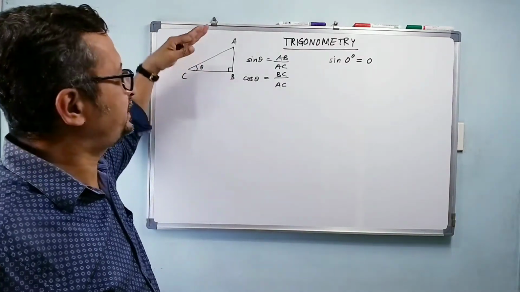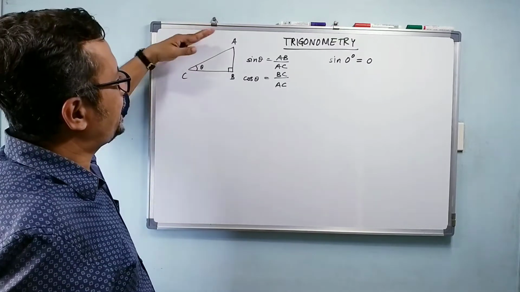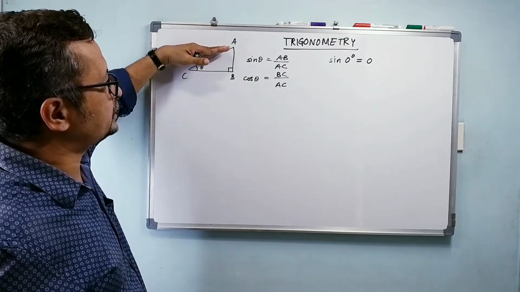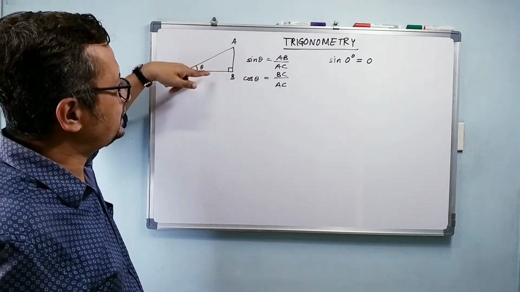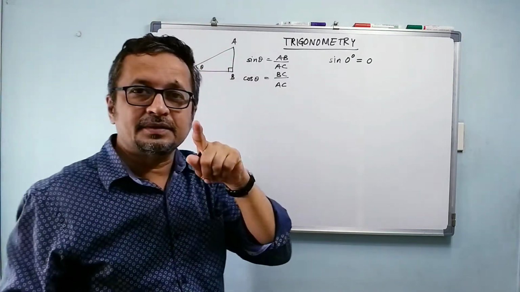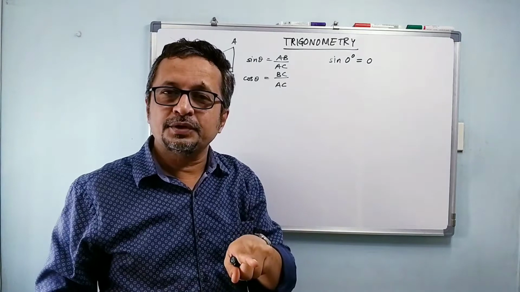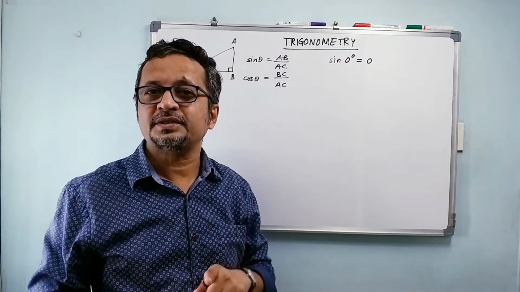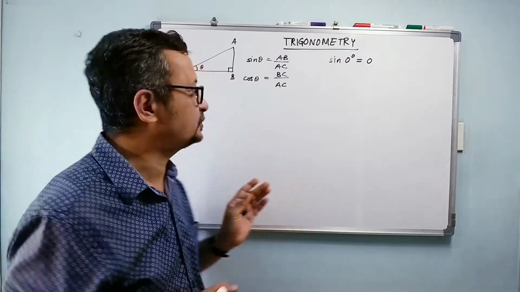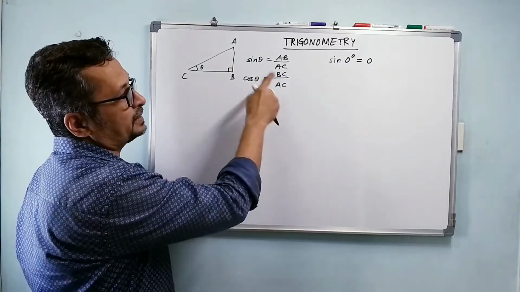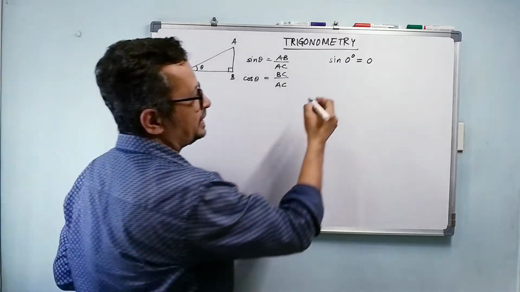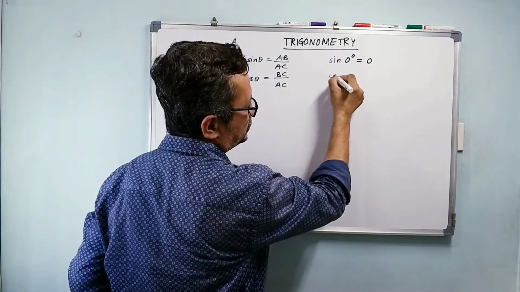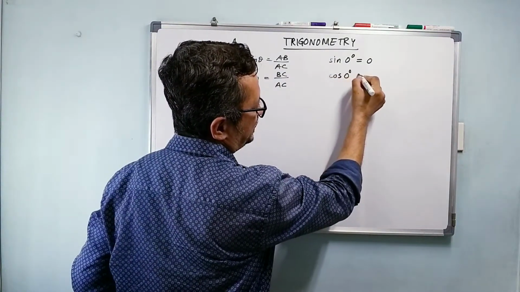So when my theta becomes 0, my hypotenuse comes closer and closer to this side BC, and that means at theta equal to 0, the hypotenuse coincides with my adjacent side. So it is going to be either BC upon BC or AC upon AC, and that is the reason why cos of 0 degree is equal to 1.